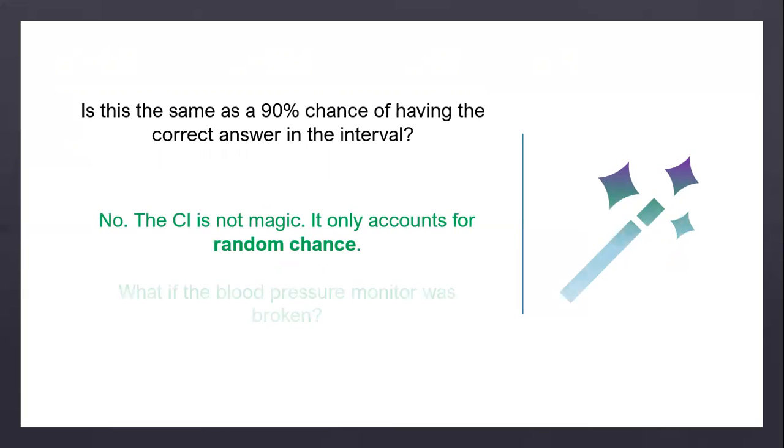And it's really easy for me to show you that this is not the same as a 90% chance of being correct. What if the blood pressure monitor was broken? What if every single measurement it took that day was off by 2? Well, then I would never know that as I calculated the confidence interval.